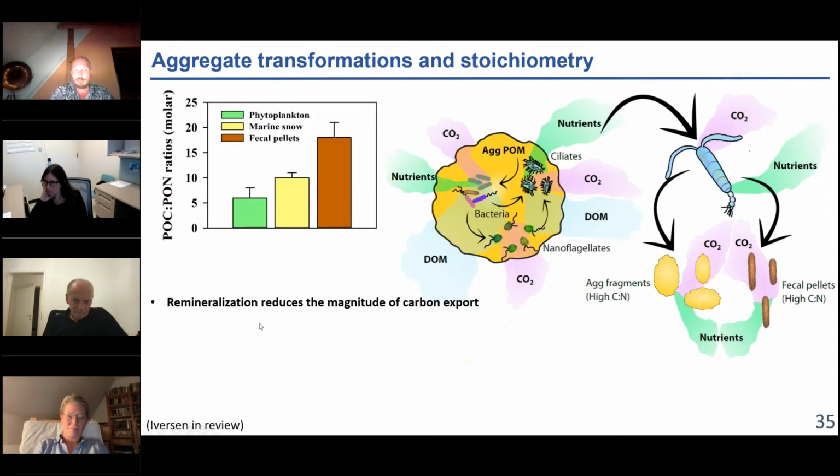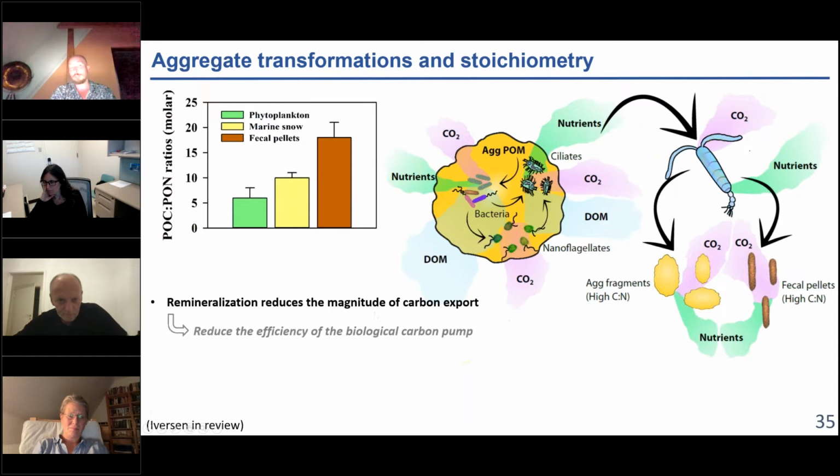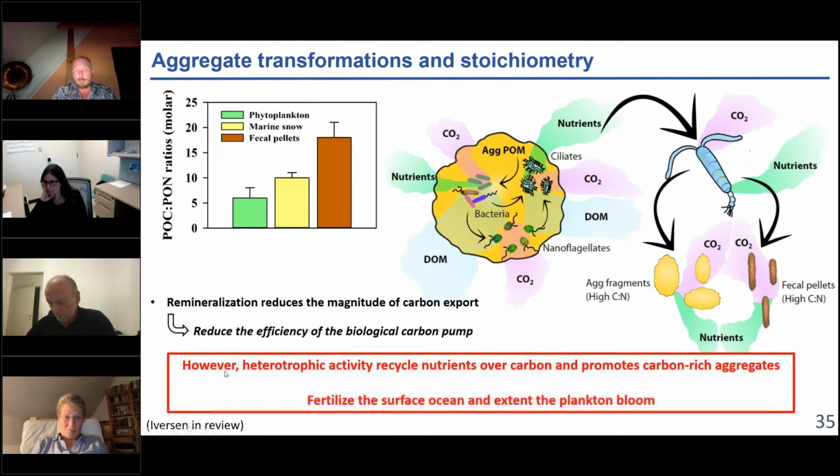So remineralization reduces the magnitude of carbon export, that's true. Technically, it reduces the efficiency of the carbon pump, but heterotrophic activity recycles nutrients over carbon and promotes carbon-rich aggregates, to fertilize the surface ocean and extend the plankton bloom.